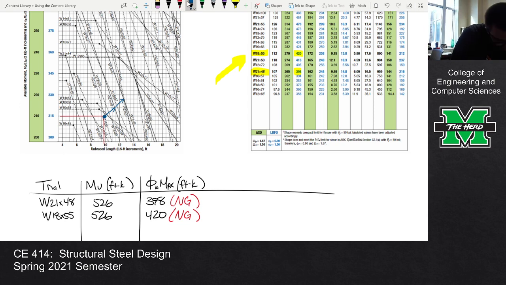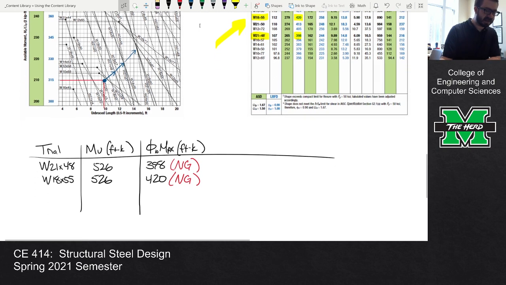Okay, now what is this? I'm seeing a couple lines here. We might look at both of them. We've got a W21 by 55 and a W18 by 60. I'll look at them in order of weight. This is both 526, 526. So let's see if we can find these.